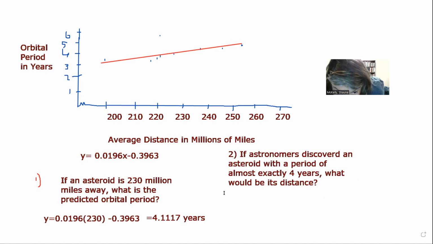So this time, the distance is x, and y is 4. So we're putting 4 here, and we're solving for x.